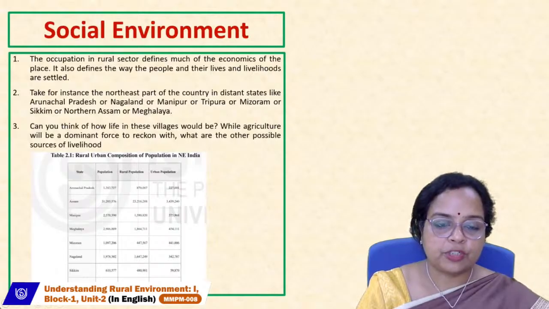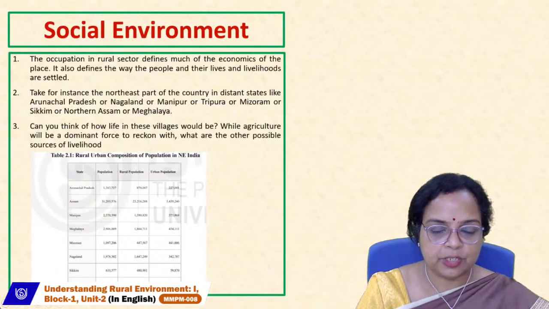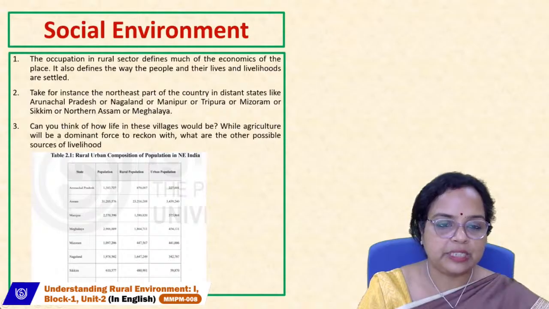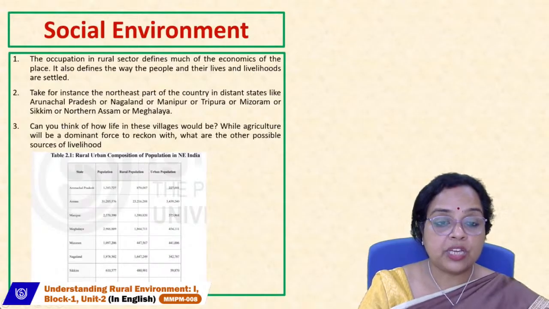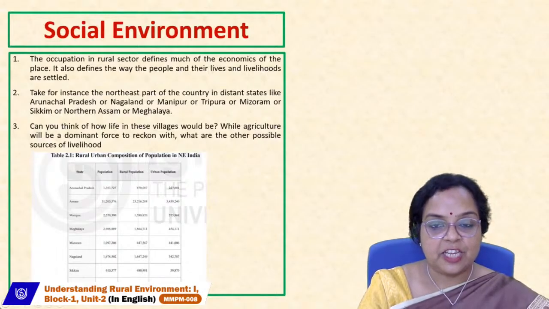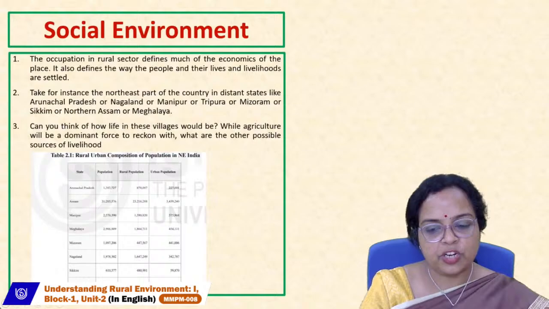If you want to cross-check, you can always go by the information available online to see how villages in the same locality, region or geographical land have a different social environment as per their economic activities. You can also check it in your nearby villages.